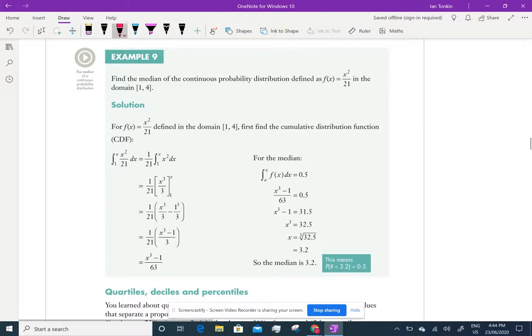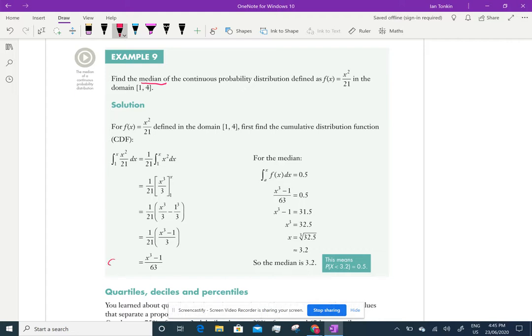And more important, also the median. So let's look at how we calculate the median. Well, the median is halfway. So halfway in this probability distribution table, which adds up to 1, will be 0.5 or a half.